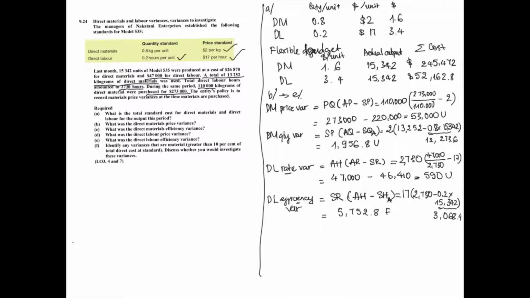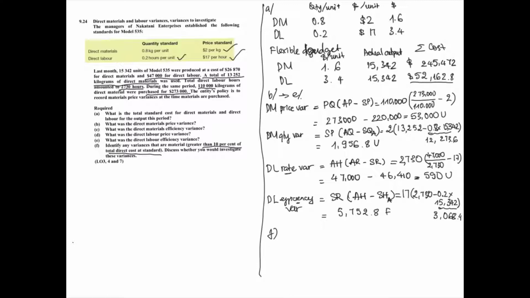Now, the last question asks you to look through all of this and decide which variance you should look at: which one is greater than 10% of total direct cost at standard. So basically total direct cost at standard is this bit. If you add them up together, it comes up to about 300,000.